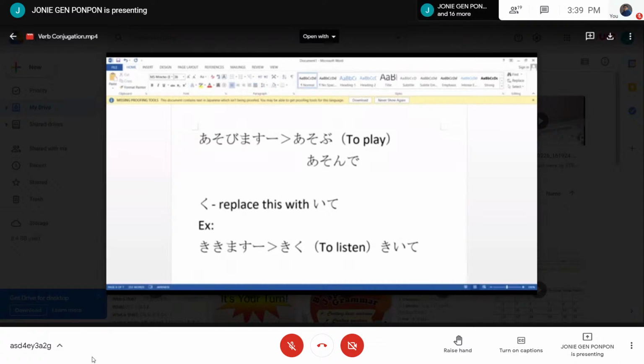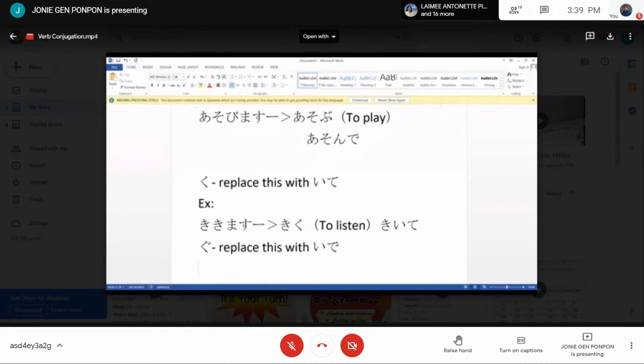Okay? And then, if the root word ends in gu, replace this with ide. Okay? Instead na ite, ide ang ilalagay. Example.